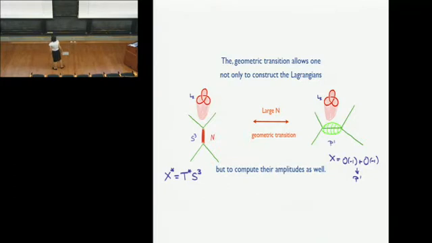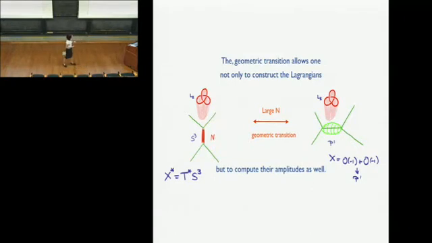Okay, so the geometric transition allows one not only to construct Lagrangians, but also to compute their amplitudes. These Lagrangians are known for a long time, but nobody managed so far, other than in some very simple cases of unknots and Hopf links and so forth, to actually turn Gromov-Witten theory on the space into a computation.